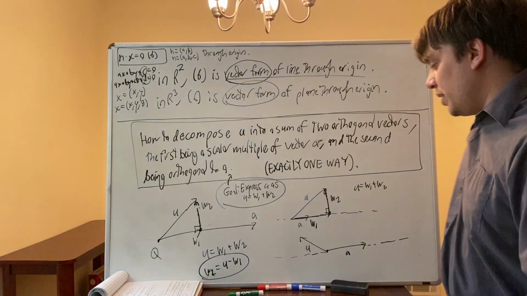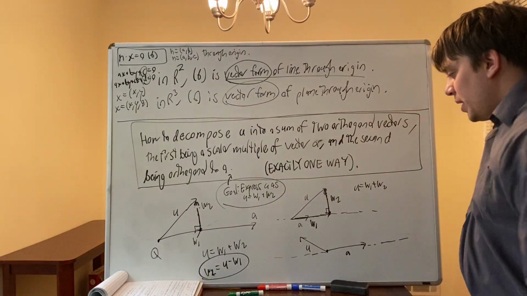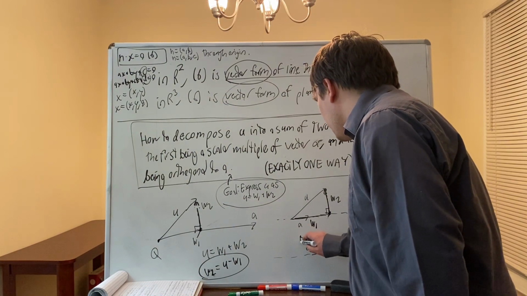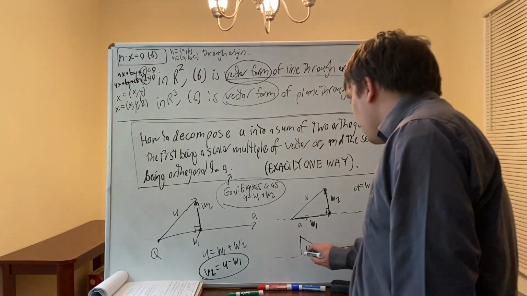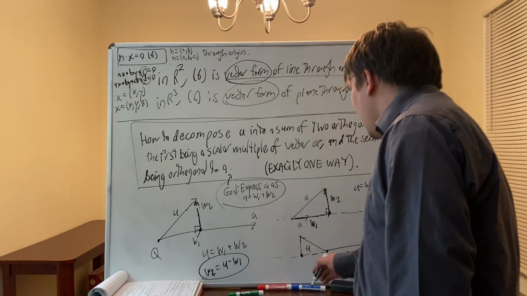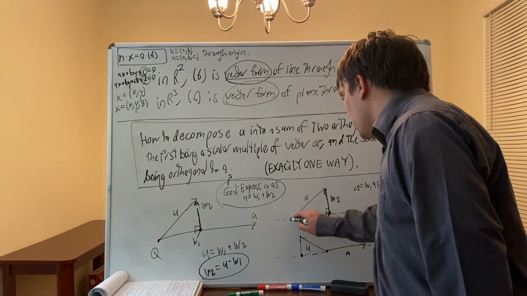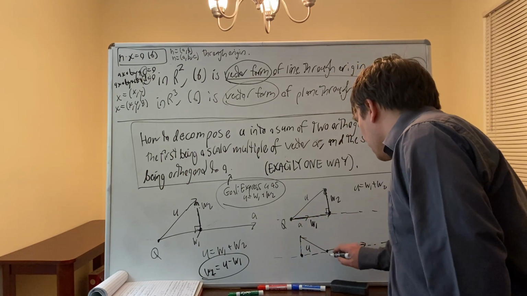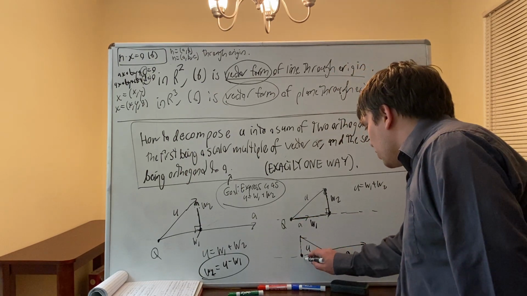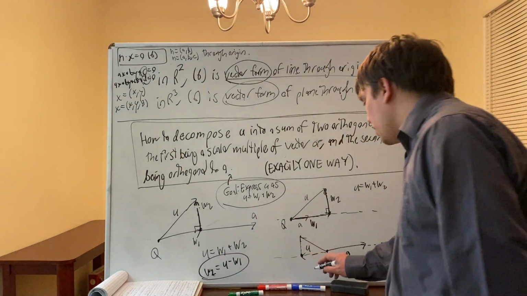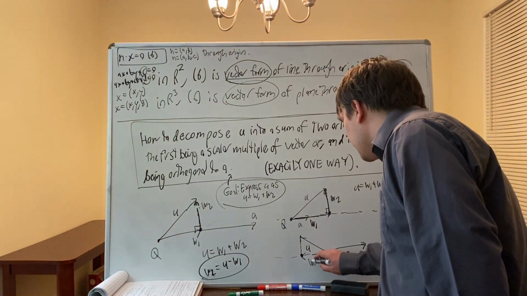So here's the line through A. I draw a perpendicular from the terminal point of U to that line through A, and I get to this point. Here's my point Q. The vector from Q to the foot of that perpendicular is my W1.